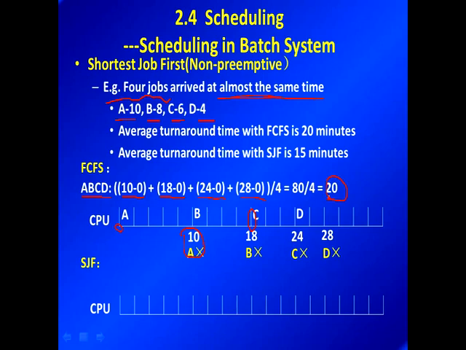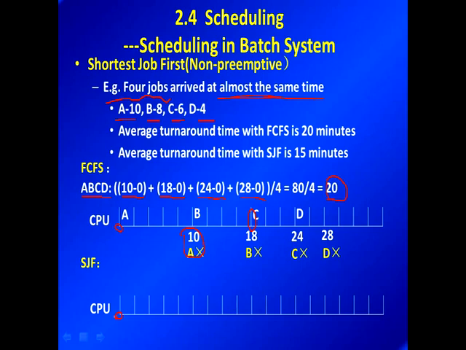At the very beginning, at time 0, you can take these 4 jobs as arriving at the system simultaneously. So the scheduler can choose a process from A, B, C, and D. Which one will be chosen according to the basic idea of shortest job first?